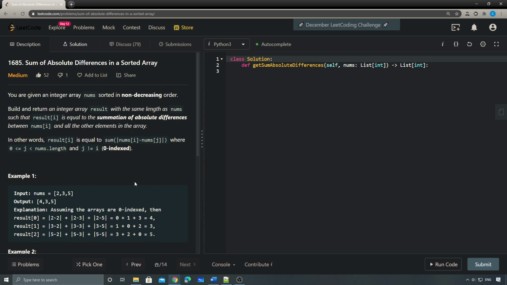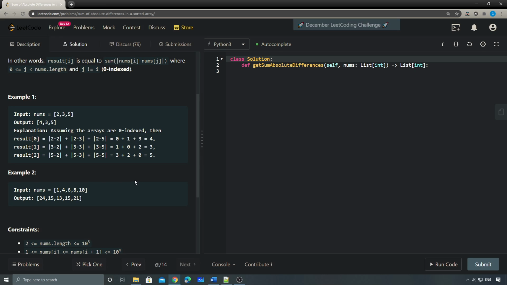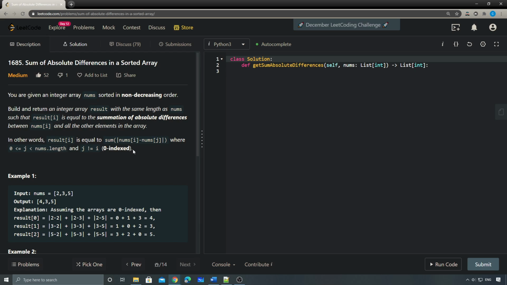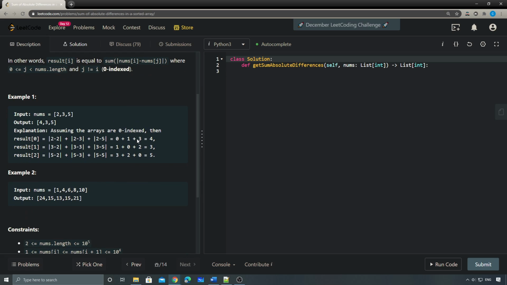It's always a good practice, if you don't have any clue, to try to draw some examples on paper. After drawing some examples, I think a pattern will emerge, because by looking at the problem, sometimes it's hard to find the patterns you can utilize.